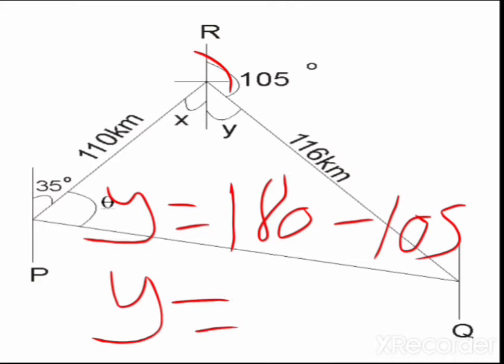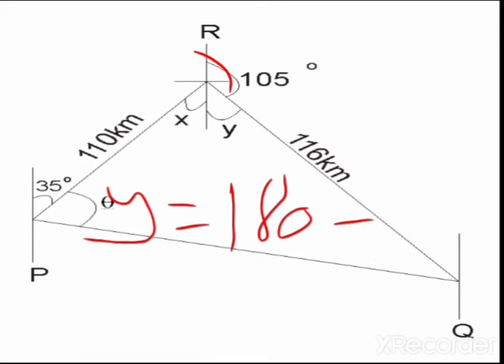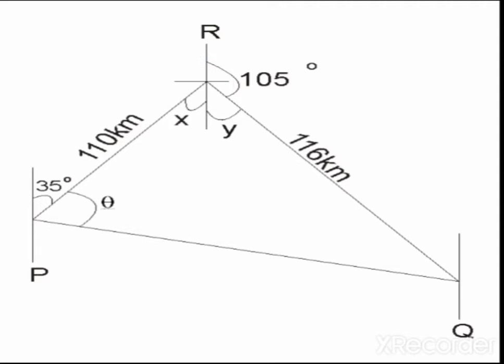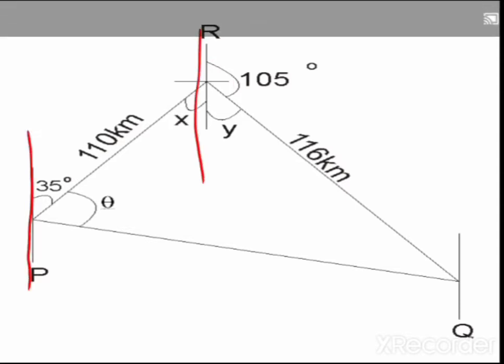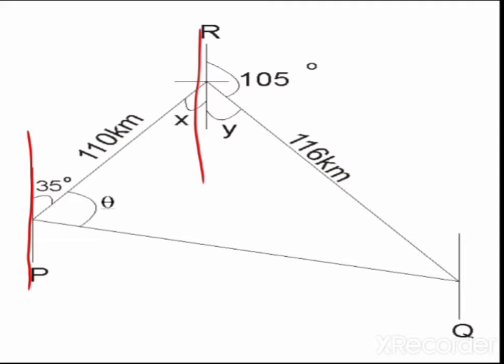That's for Y. So if we have gotten Y, we can easily get the value of S. S is much easier to get. What we simply do: this is a straight line, and this is a straight line, the north south pole. The two north south poles are what? Parallel. They can never meet. And we have a transversal.